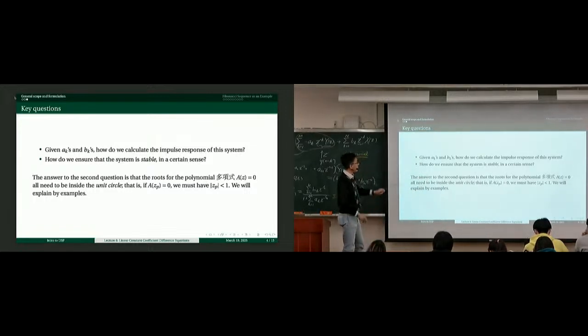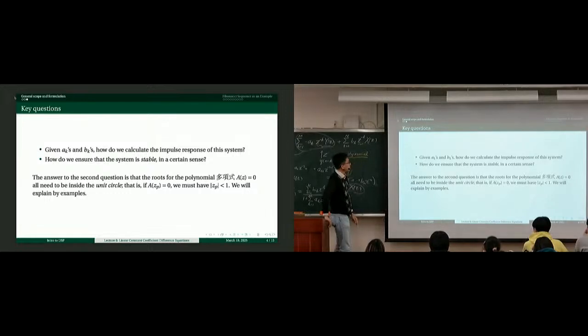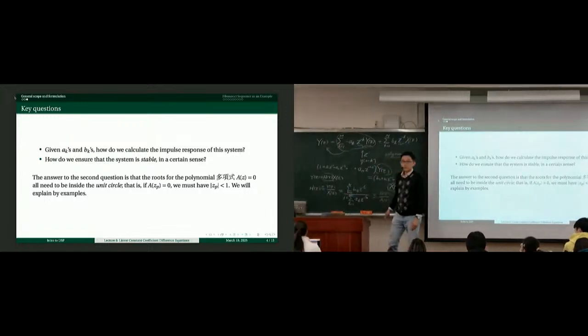So we ask a similar question. Given the coefficients, how do we calculate the impulse response which corresponds to this system function, right?